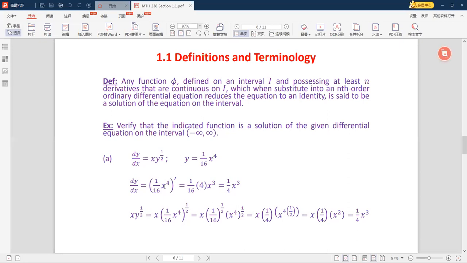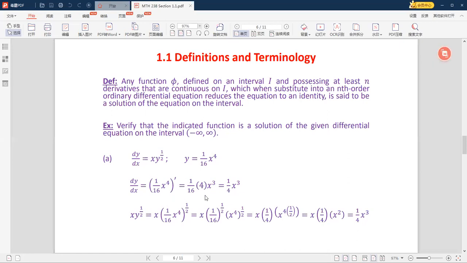You can take 1/16 out to the outside, and then use the power rule to find the derivative of x to the fourth. The power rule says you put 4 down in the front and then subtract 1 from the exponent. So 4 minus 1 is 3, and we get 4 times x cubed.